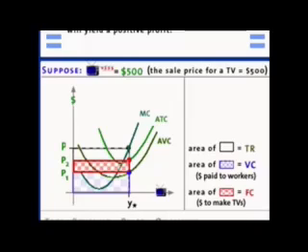Next, we looked at the difference between average total cost and average variable cost, and what's left over is the average fixed cost. We multiplied that by our 48 television sets, and that gave us the fixed cost of production. Now, if we add fixed cost and variable cost together, what do we get? We get the total cost of production.